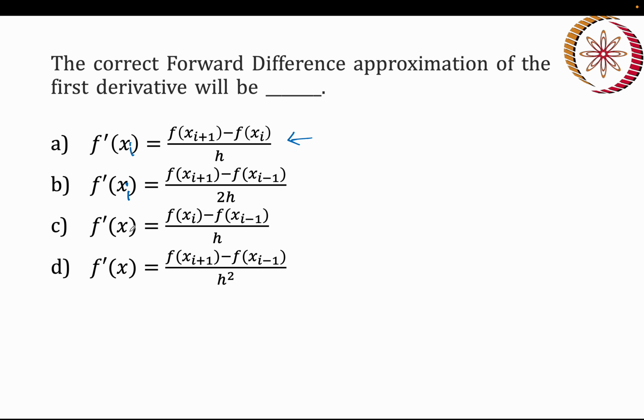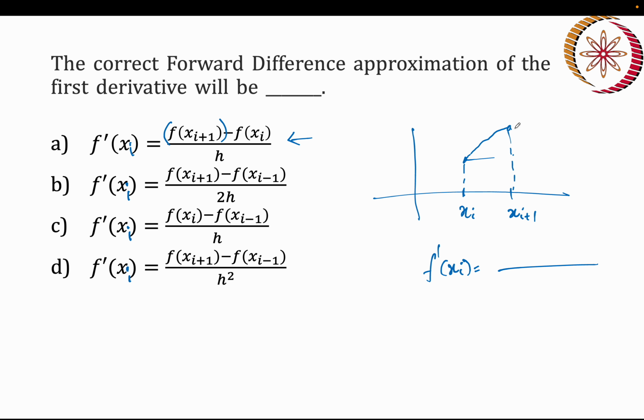If we have, let's say, xi and xi plus 1, and the function value here and here is known, and we want to compute the slope of this, which is given by f dash is equal to delta y by delta x.